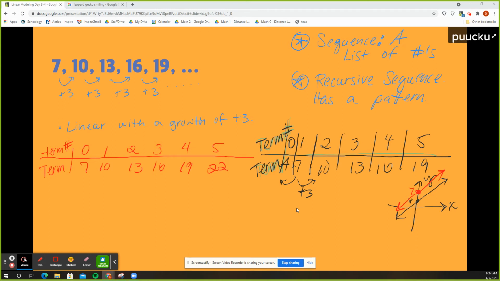Now our notes from yesterday. M is the growth. B tells me where the y-intercept is. Remember that y equals mx plus b is what form?